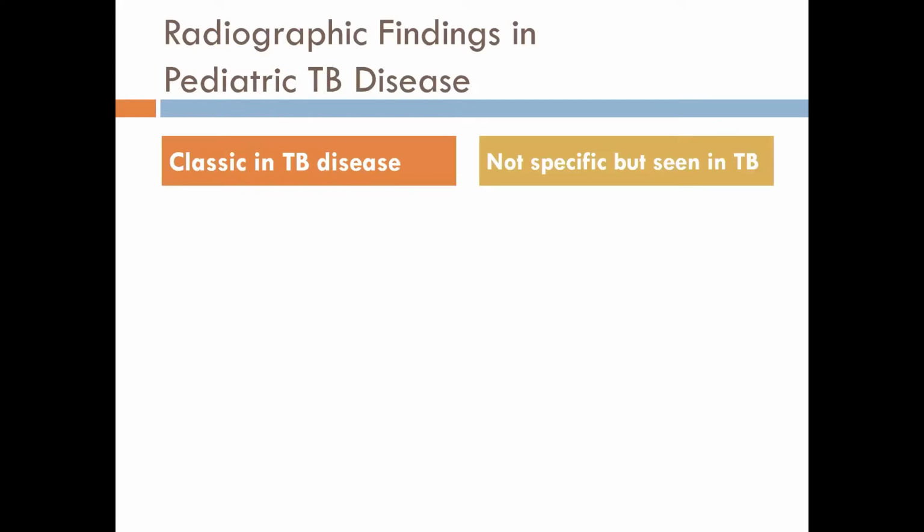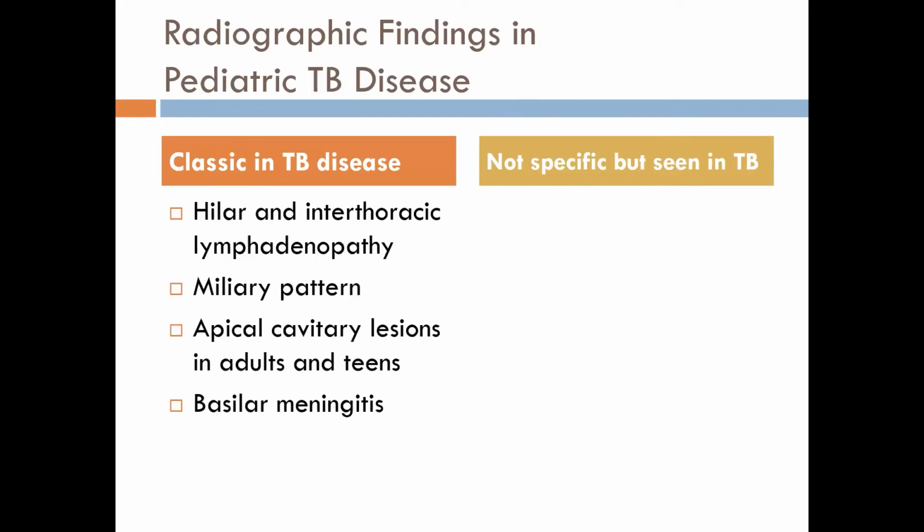Now, Dr. Megan Devine and Dr. Susan John did a beautiful job last month talking about the X-ray findings in pediatric patients and pregnant women, but I need to touch on this since it's an important part of our diagnostic criteria. So hilar and intrathoracic lymphadenopathy are classic for tuberculosis, and in children, it's usually TB until proven otherwise.